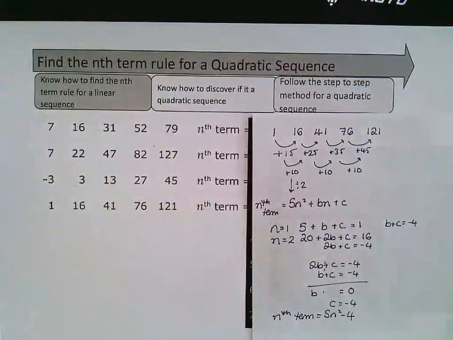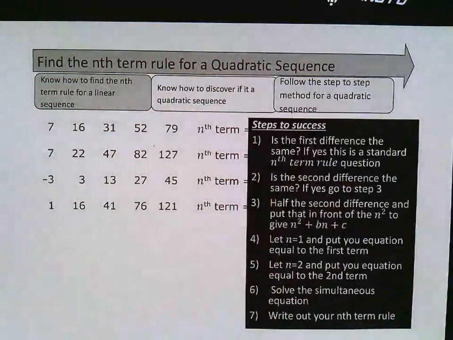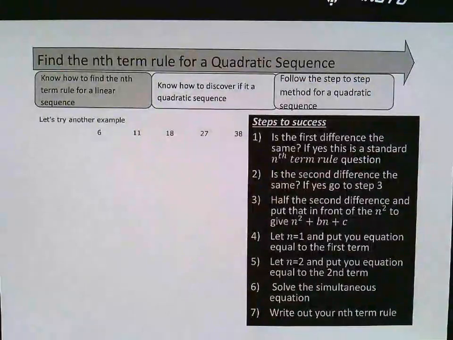Okay, so in all these examples, b was 0. But it's not always 0. So this is more like an exam question now. We follow the same rules.